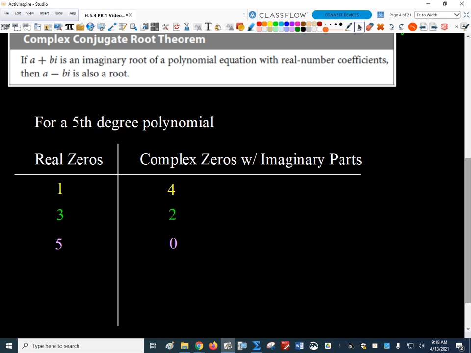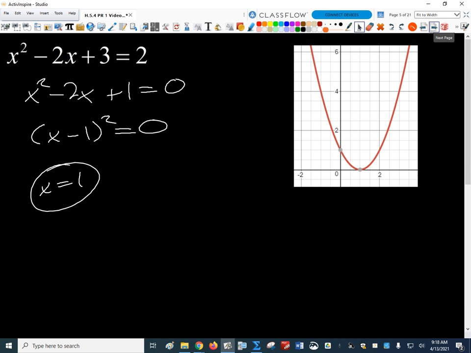We could get 1 real zero and 4 complex zeros, 2 pairs of 2. We could get 3 real zeros and 1 pair of complex zeros, or they could all be real. But you could never have 2 real zeros and 3 complex zeros, because the complex ones always have to come in packets of 2. They always come in pairs. Okay. All right, I think we're up to speed.